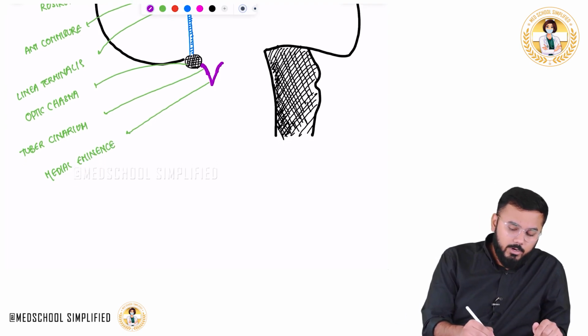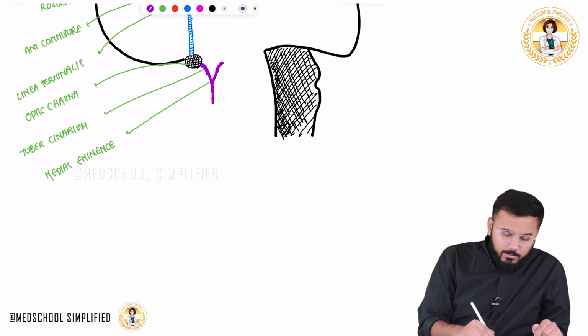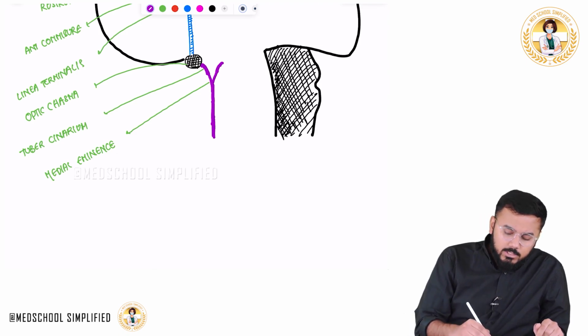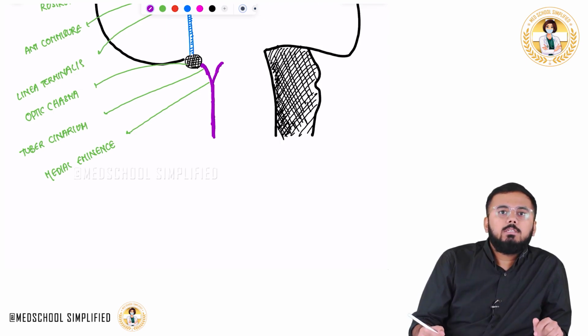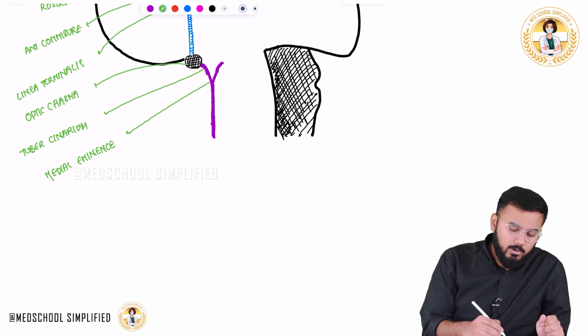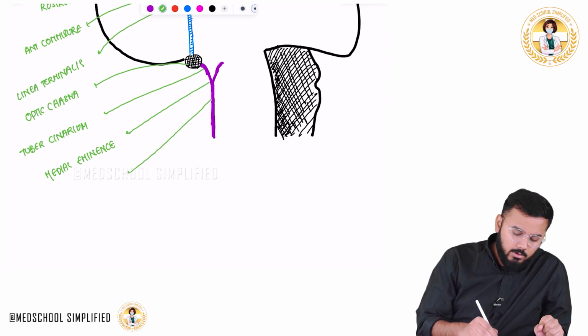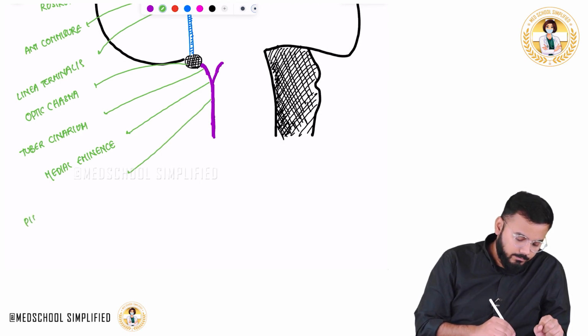Now, next important thing is that this median eminence will hang down all the way like this, and it is hanging down in the form of a stalk, right? So, this stalk is called as a pituitary stalk, or you can also call it as infundibulum. Okay, this stalk over here is called as pituitary stalk or infundibulum.